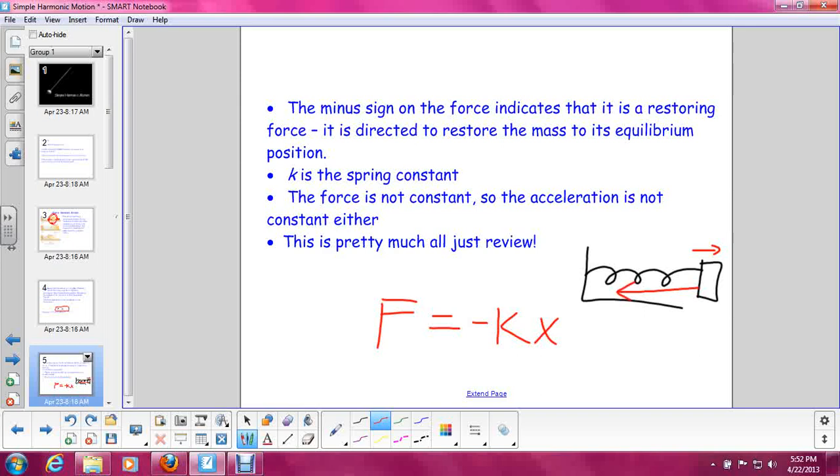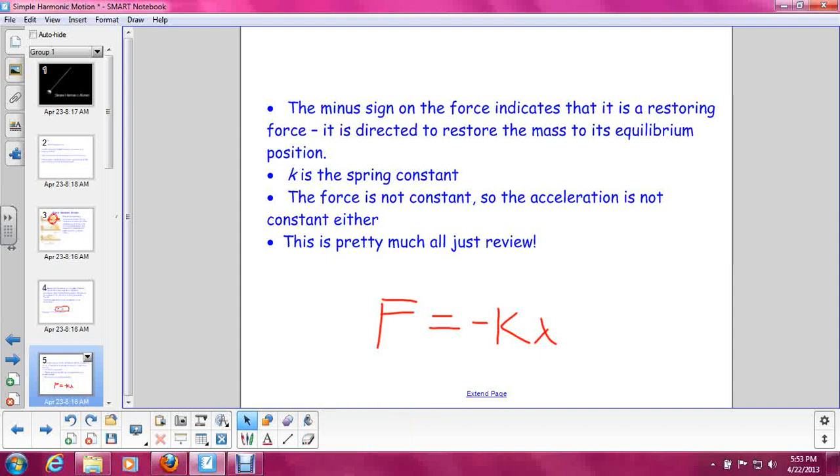It's a restoring force. So it always acts opposite of the displacement. If this is x equals 0 right here, and the box is moved to the right of that, the force will be to the left to pull it back. If the box is moved to the left of that, the force is going to be pushing it back the other way. So the force and the displacement are always opposite each other, which is why there's a negative sign in this equation.